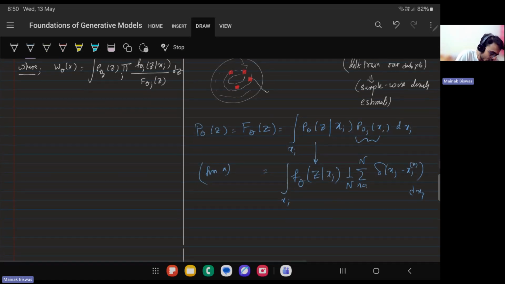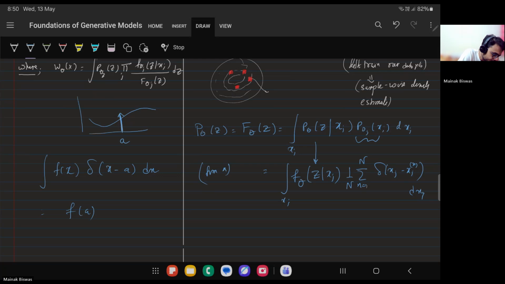So now what will happen is we know the integral of a function f of x times delta of x minus a dx. What is it given by? This is nothing but the value of the function at a, right? It is like sampling. So if you have a function like this, and you have a delta function at a, and you integrate the product, it is zero everywhere else.